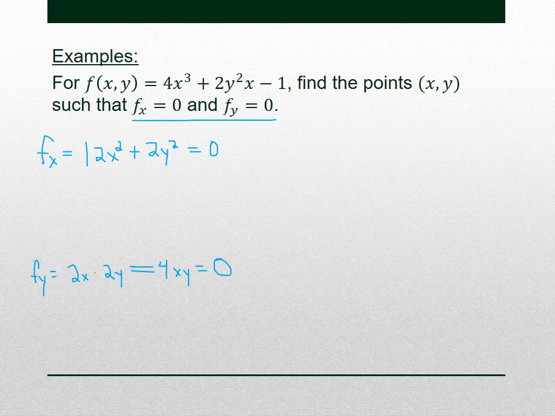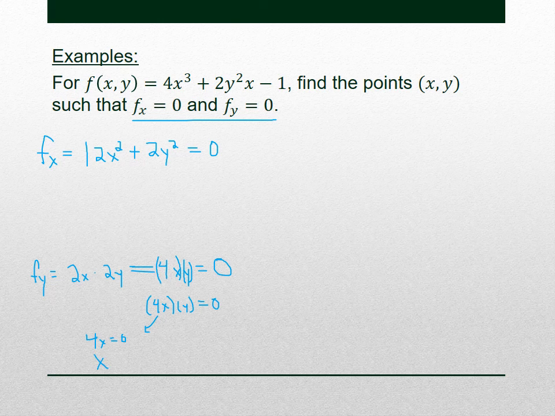Let's go to fy. If 4xy equals 0, remember that just means that we have to set the factors equal to 0 separately. So if we look at this as 4x times y equals 0, if either one of those is 0, then the equation will be equal to 0.